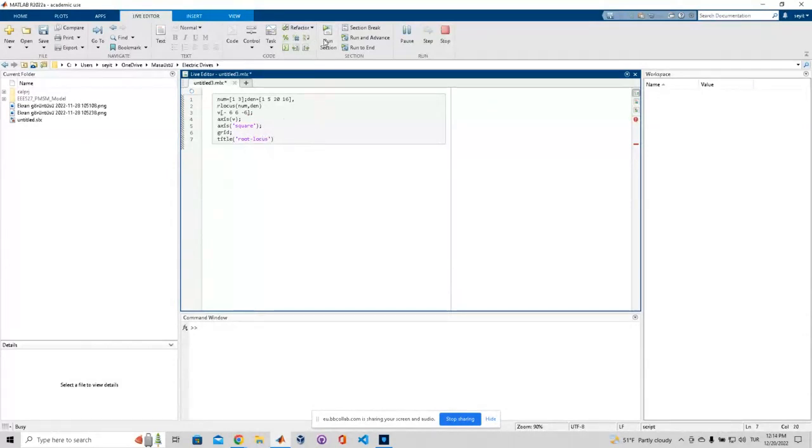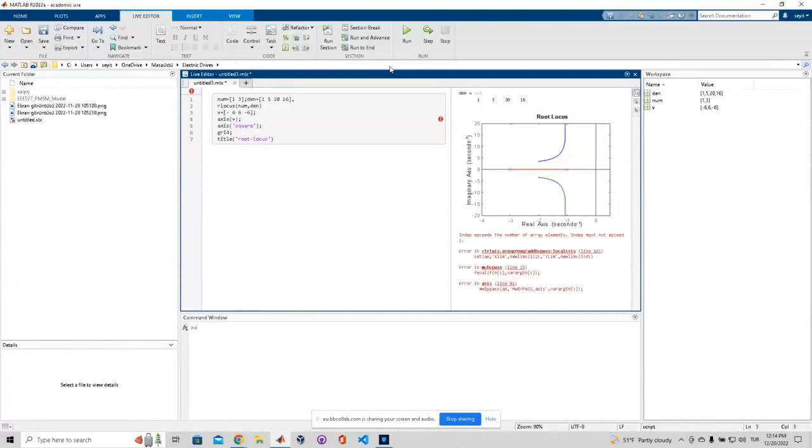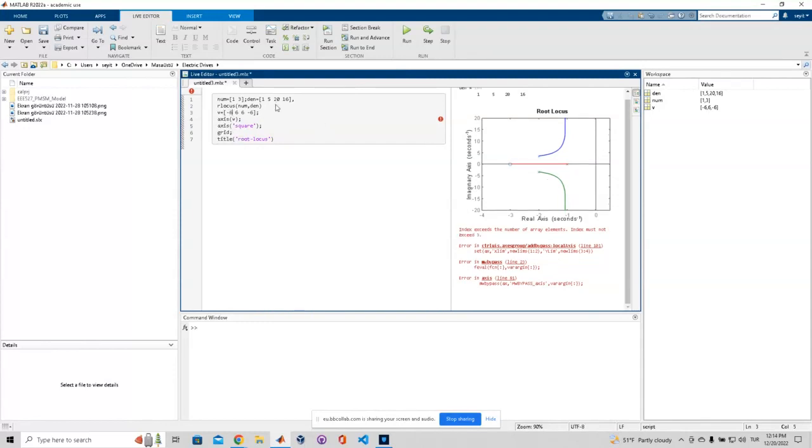Now you can run this section. Oh, v equals to. I forgot that.